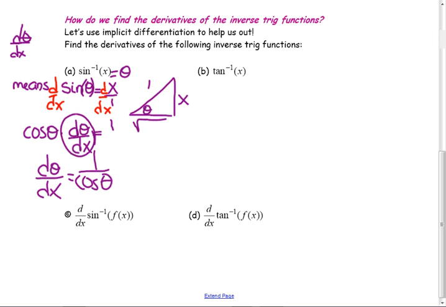The square root of 1 minus x squared. So this is equal to 1 over the cosine of my angle. What's the cosine of my angle? It's adjacent over hypotenuse, so it's the square root of 1 minus x squared over 1. So that's the derivative of the inverse sine.